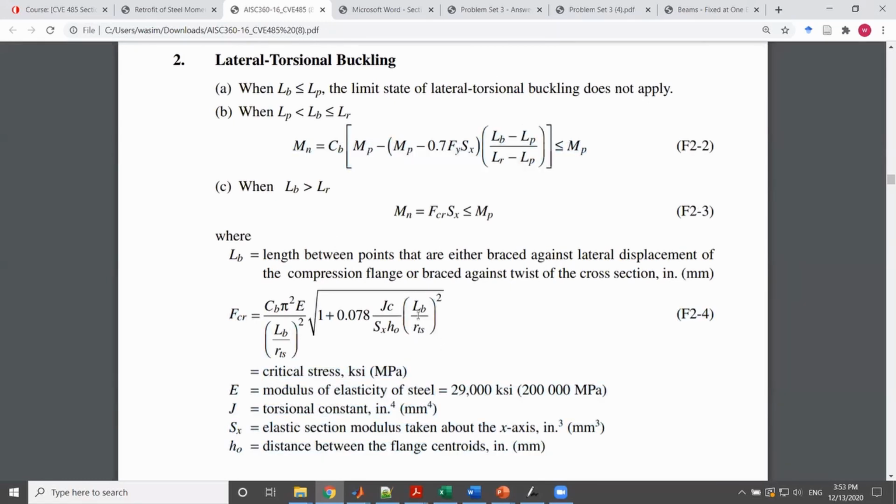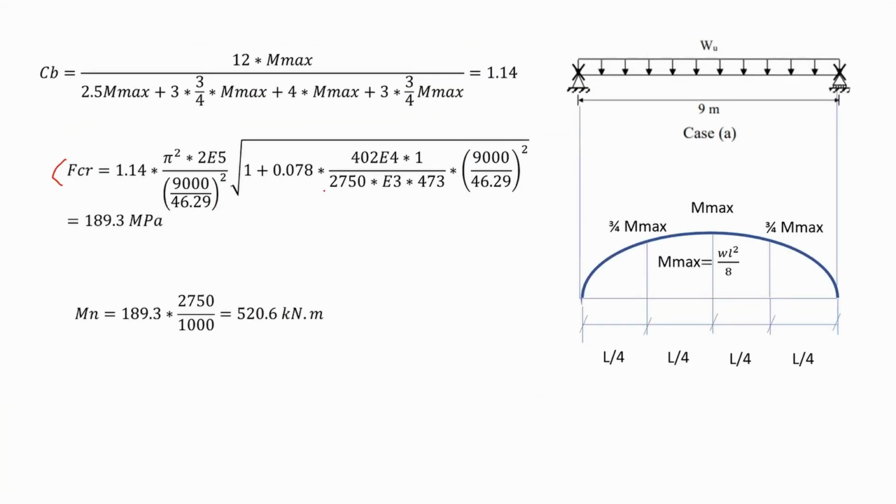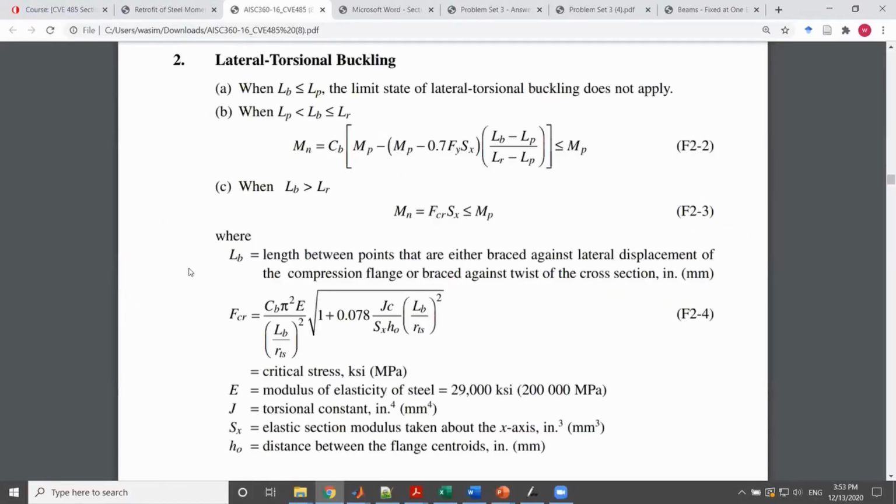You have all the values now already. So you substitute everything in this equation, and you get your FCR in terms of megapascal, 189.3. Are you done yet? No, you have to calculate the nominal capacity of this member, where Mn is equal to FCR by Sx.